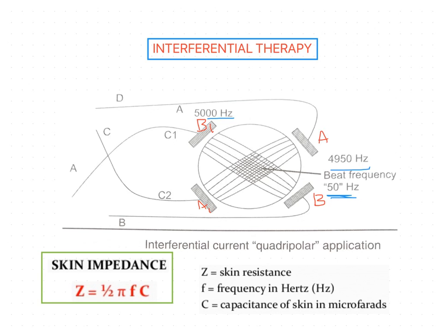When the two medium frequency currents cross in the patient's tissue, they produce an interference effect, which is known as the beat frequency.